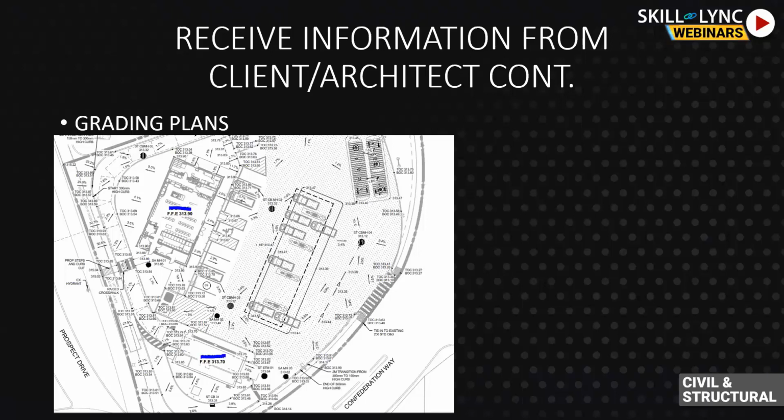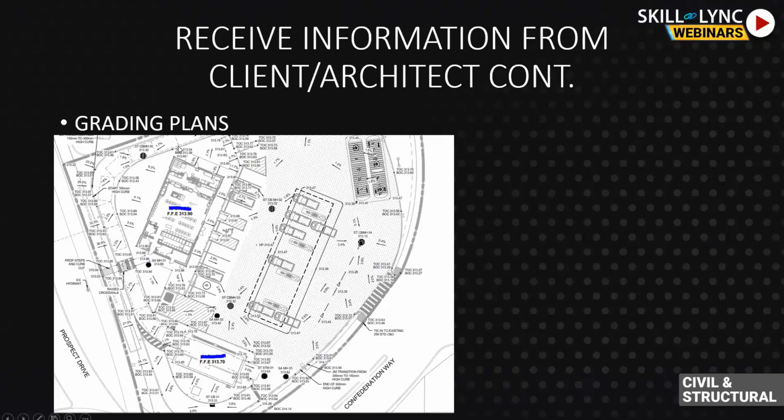Let us say, just to quote an example, why do you need a grading plan? One site is going to be all flat. You'll assume that, okay, my whole site is pretty much flat, there is not much slope actually coming into the picture. But if you are putting up your building on a plot or a piece of land which is sloping a lot, and just to quote an example, let us say this is one of the buildings, and this is a grading plan wherein we are showing what my grade levels look like.